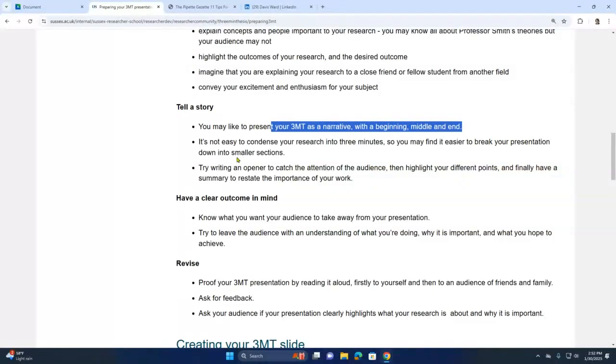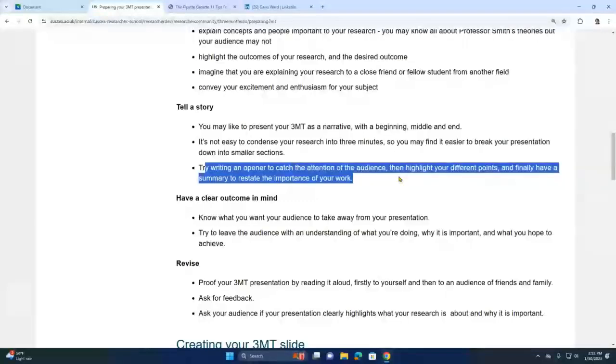So what you want to do is write, and your first minute is basically trying to catch the attention of the audience and trying to provide the motivation and incentive.